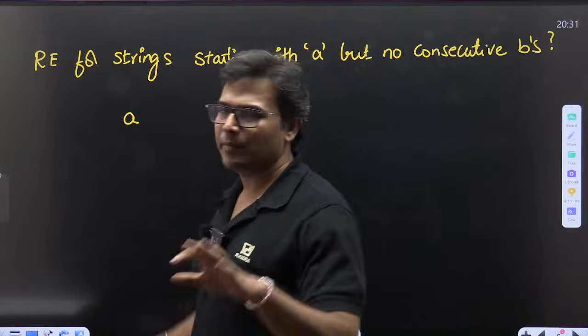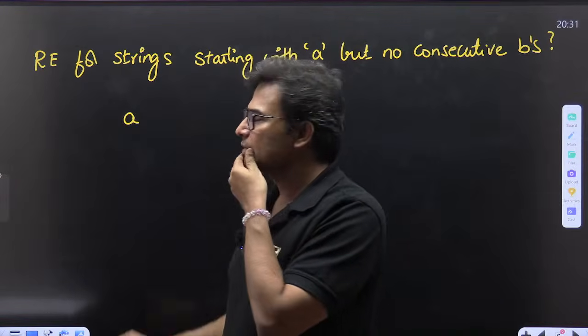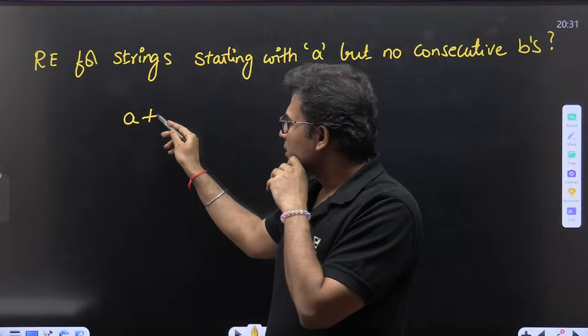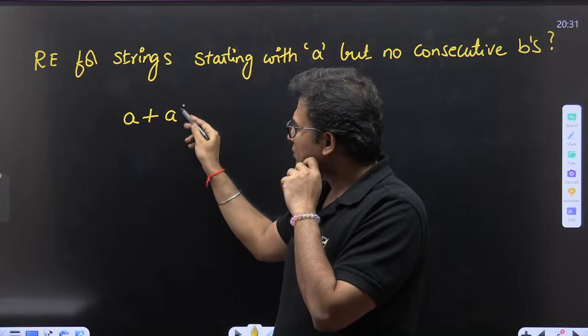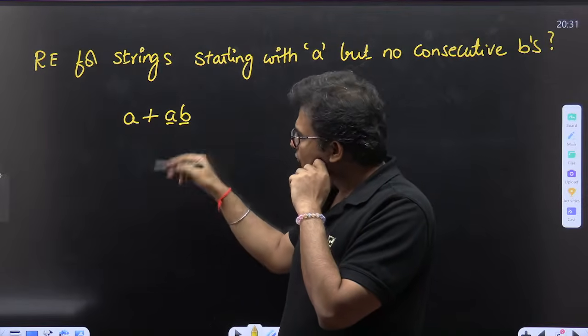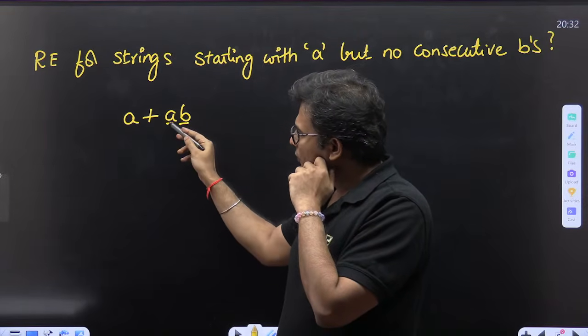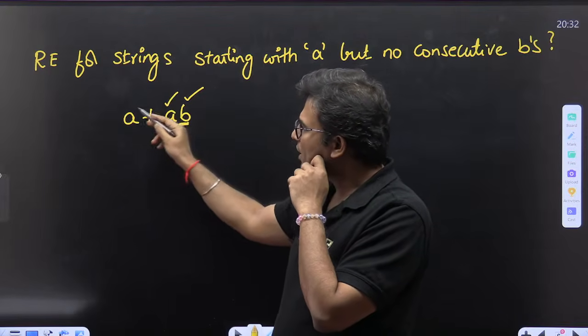A's can be any number, because there is no condition on the A's. Now it should always start with A. So whenever I write like this, it will start with an A and a B. Now if you observe it, whenever you try to generate a B, that will always start with an A if I put a star.